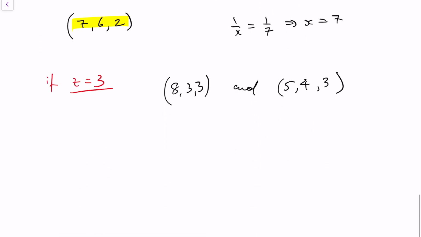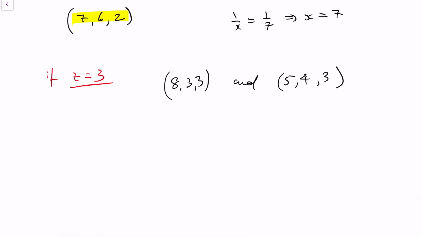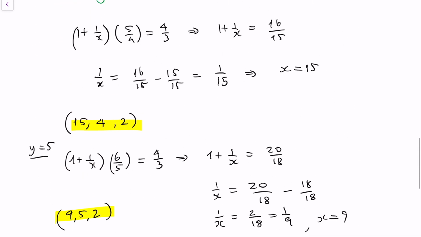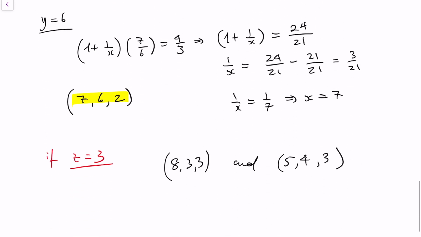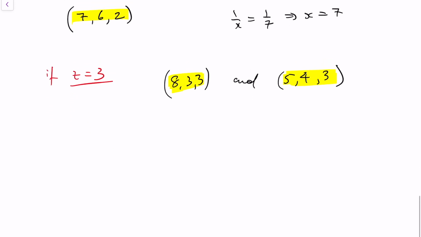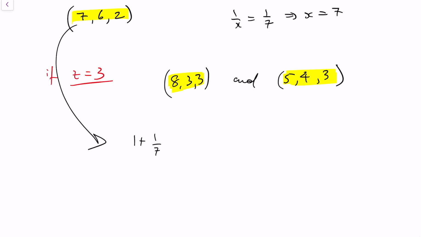Now, one thing to notice here, in total there will be 1, 2, 3, 4, 5 solutions that we worked out. But if you consider any of these solutions, for example, let's have a look at this solution that we worked out. 1 plus 1 over x, 1 plus 1 over y, 1 plus 1 over z. z is 2, right?